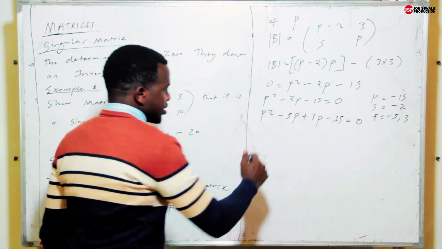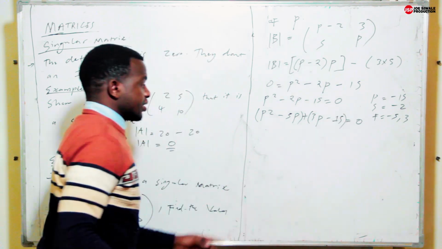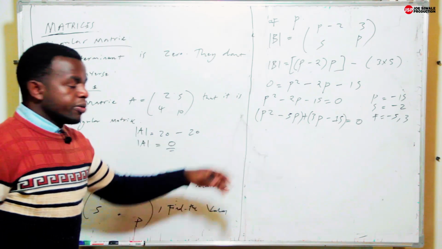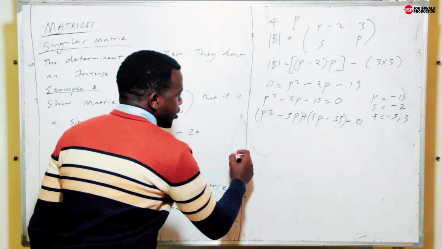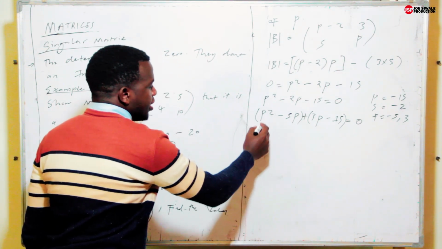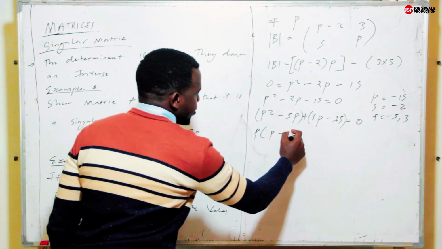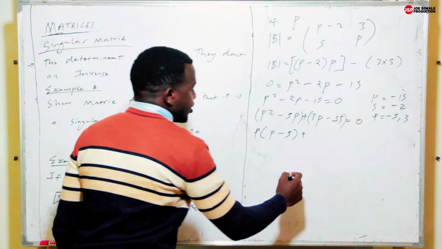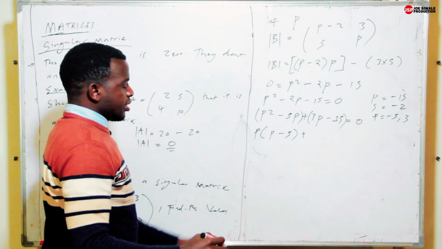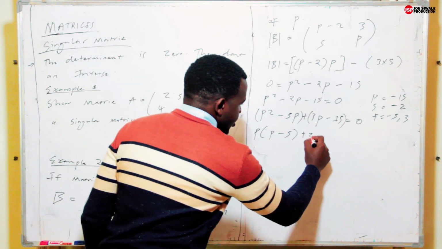Then we can group this part and that part. So there, the common variable there is P. So we can say P into P squared, that's P, minus P into 5P, we're going to have 5. Then I can say plus, there our common item there is 3.